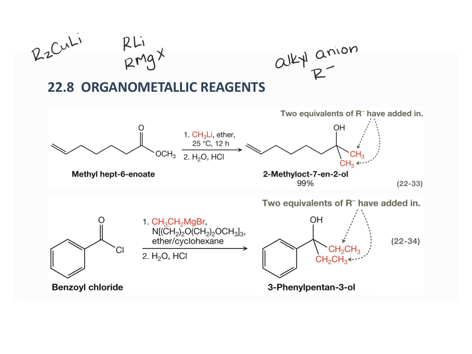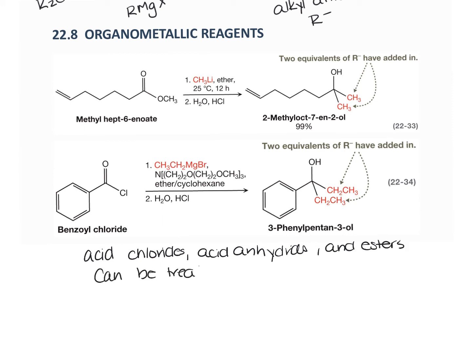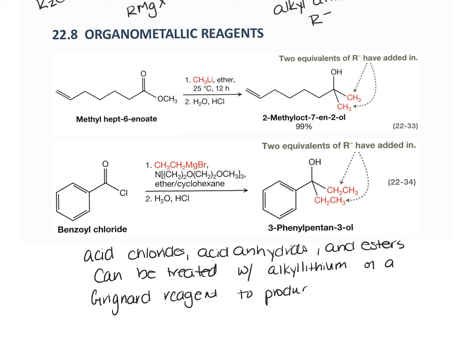So, in general, what we find is that acid chlorides, acid anhydrides, and esters can be treated with alkyl lithium or a Grignard reagent to produce a tertiary alcohol.